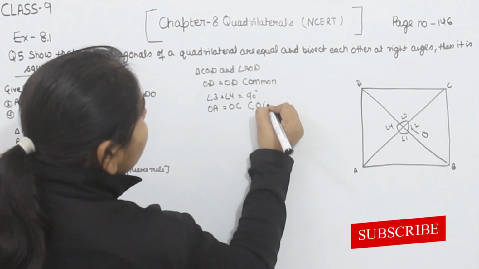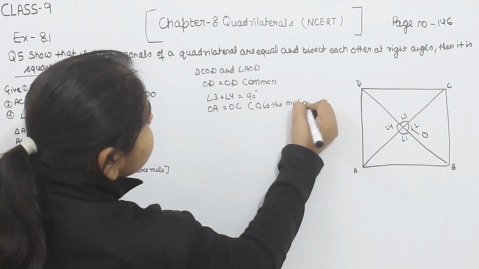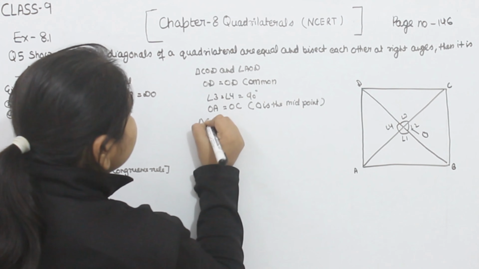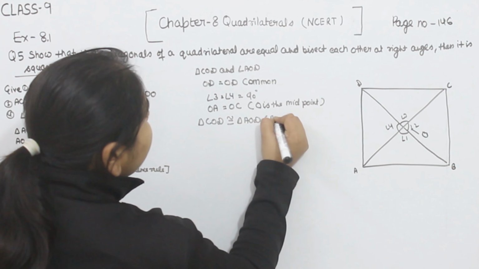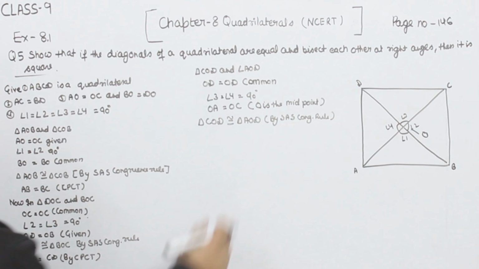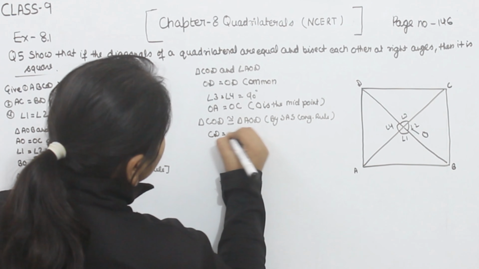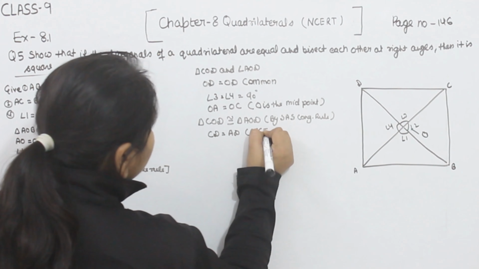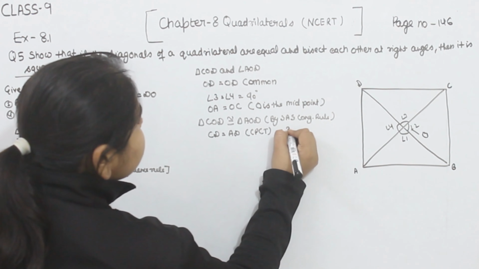Because O is the midpoint. So the triangle COD is congruent to the triangle AOD by side angle side congruence rule. Now if these two triangles are congruent to each other, then the line segment CD is equal to AD by CPCT. So this one is equation number 1, this one is the 2, and this one is the 3.